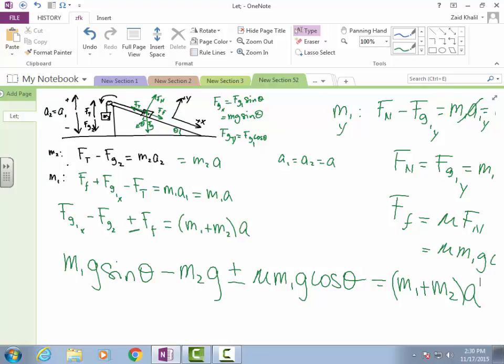And now I need to form a common denominator. The common denominator I'm going to form is m1 plus m2. So you have Ft is equal to m2g times m1 plus m2 plus m2 m1g sine theta minus m2 squared g plus minus mu m1 m2 g cosine theta.